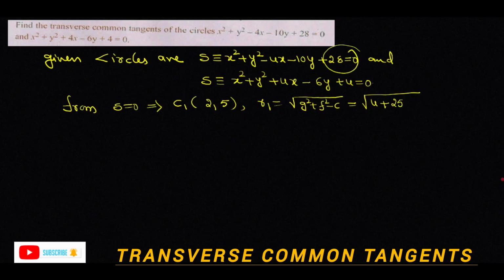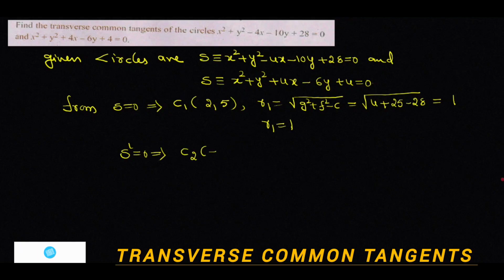Now C value here is minus 28, so minus C gives 29 minus 28 is 1, root 1 equal to 1, so R1 equal to 1.